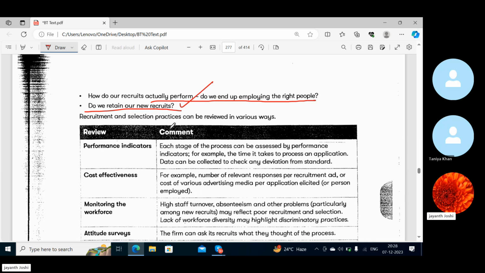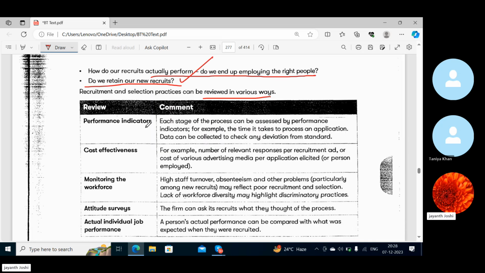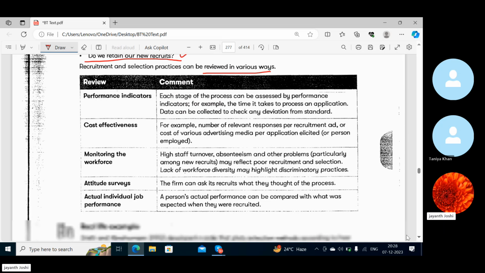So recruitment and selection practices can be reviewed in various ways. Performance indicators: each stage of the process can be assessed by performance indicators, for example, the time it takes to process an application. Data can be collected to check any deviation from the standard. Maybe there is some parameter or standard set, and there can be some deviation at times.